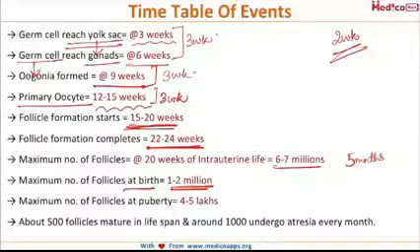They keep on degenerating so that by puberty, only 4 to 5 lakhs of these follicles are left. In the entire lifetime of a female, around 400 to 500 of these follicles mature and the rest degenerate. And what is the rate of this degeneration? Every month, around 1000 of these follicles degenerate. So with this, we come to an end of oogenesis.